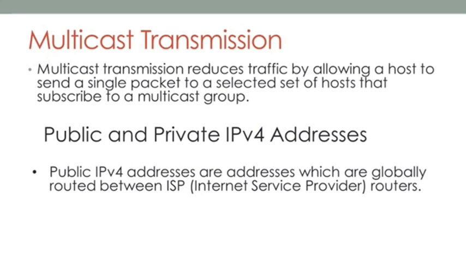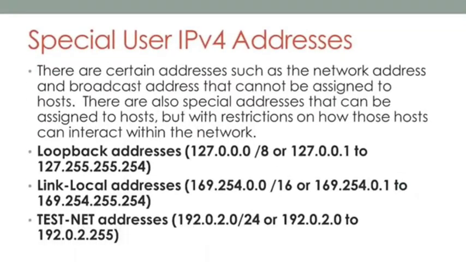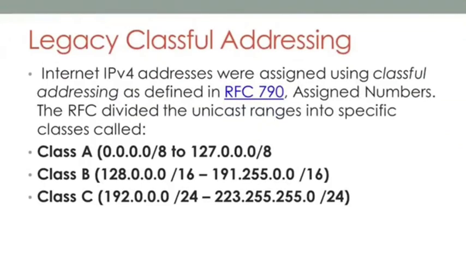Public and private IPv4 addresses. Public IPv4 addresses are addresses which are globally routed between ISP routers. Special use IPv4 addresses. There are certain addresses such as the network addresses.